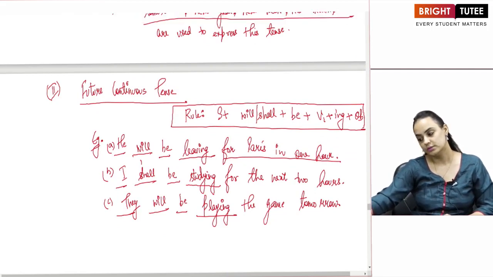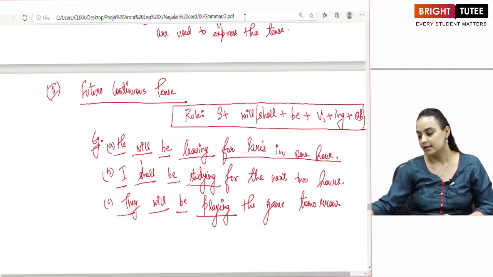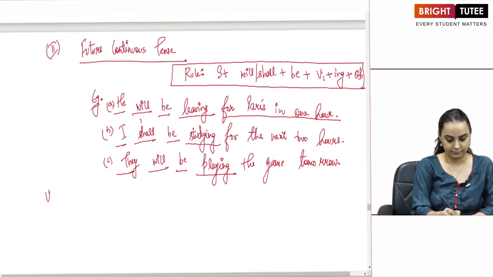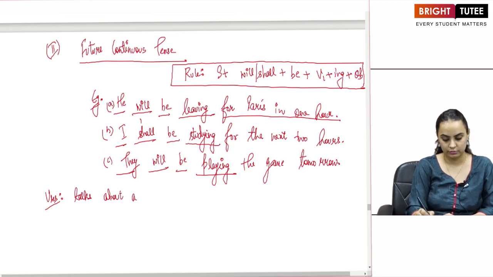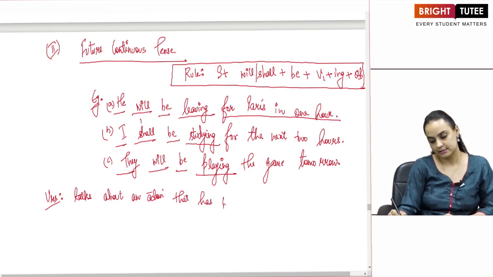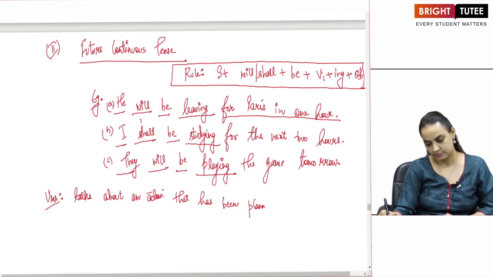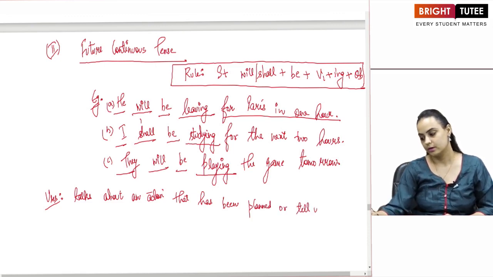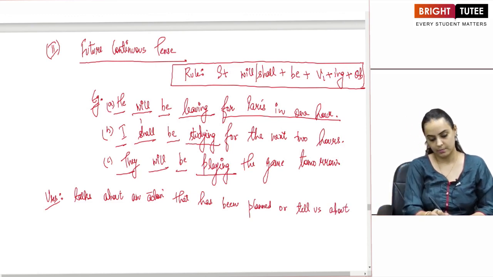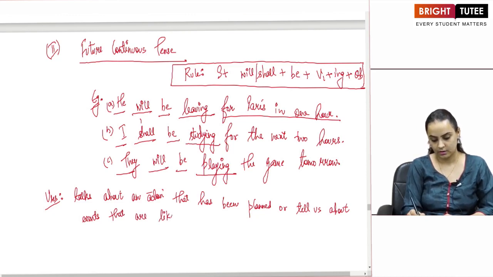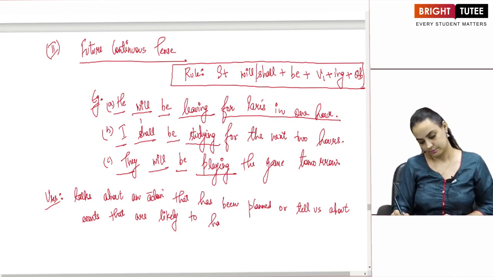Now what are the uses of the future continuous tense? It simply talks about an action that has been planned or tells us about events that are likely to happen in the future.